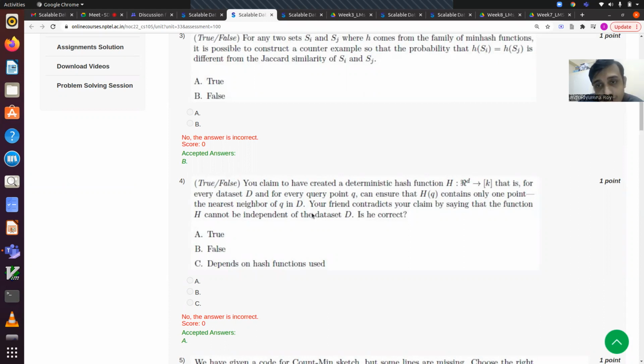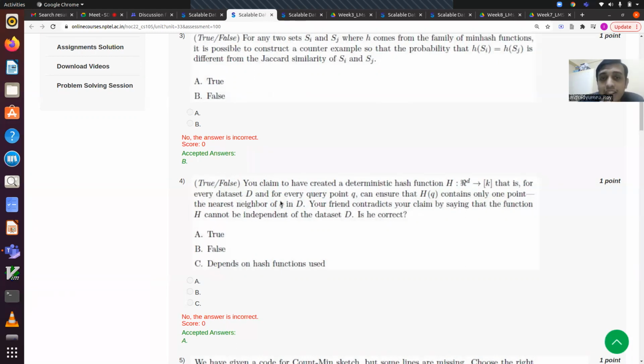Okay. Interesting. Your friend contradicts your claim by saying that the function H cannot be independent of the dataset D. Is he correct?